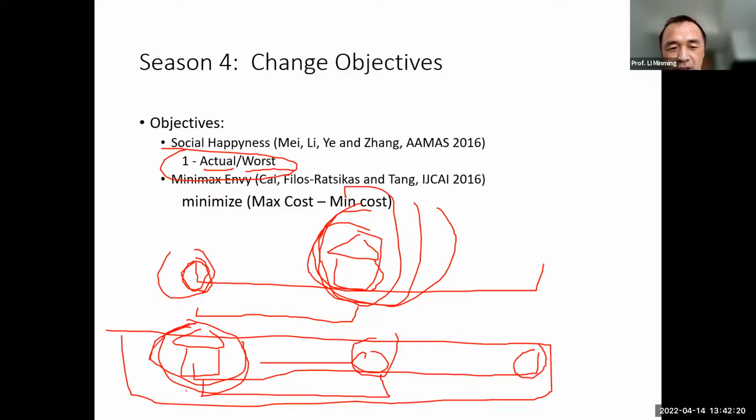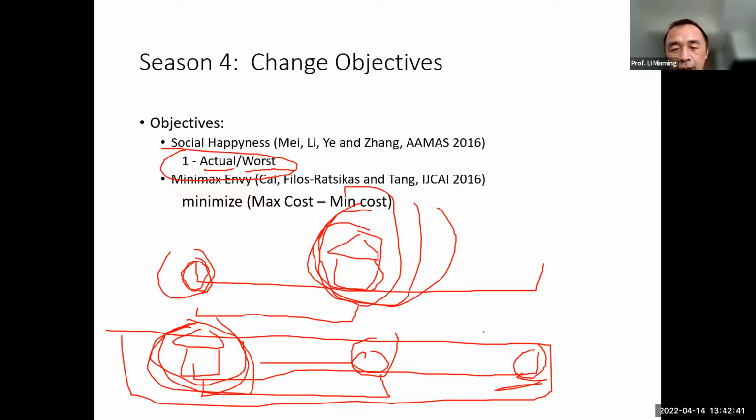The boundary house is not convenient to those places. That's why the one who bought the middle house would have some kind of higher expectation of the actual cost, right? Because he paid more, right? So this is also one of the motivations to differentiate the so-called happiness factor for different people, right?